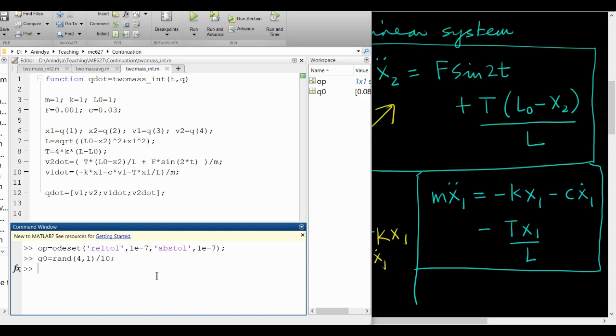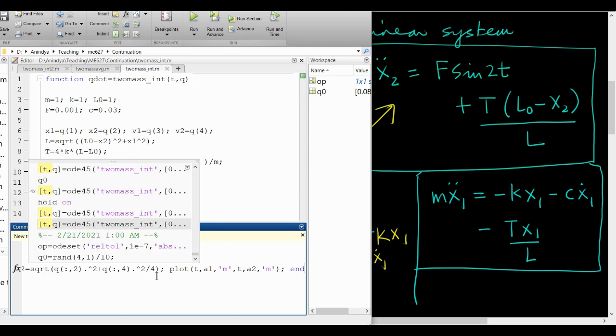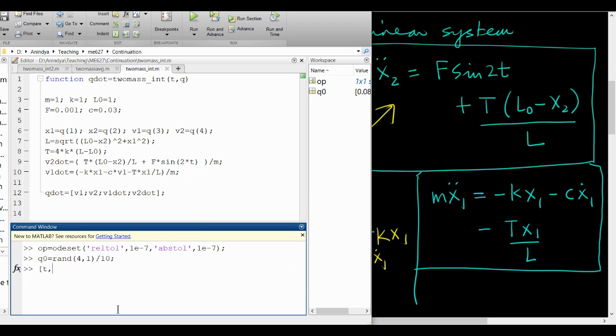Then what I will do is I will say tq equals ODE 45 to mass int. Since the forcing is sine 2t, I will use an integer number, so I'll say 0, 300 times pi something, and then I will give it this initial condition from q0. Okay, very good.